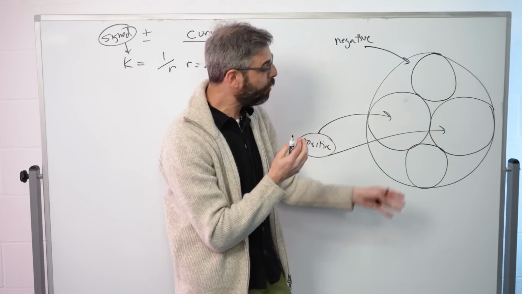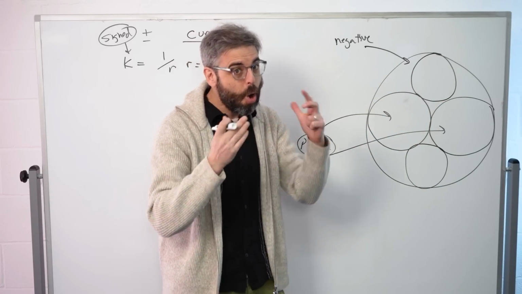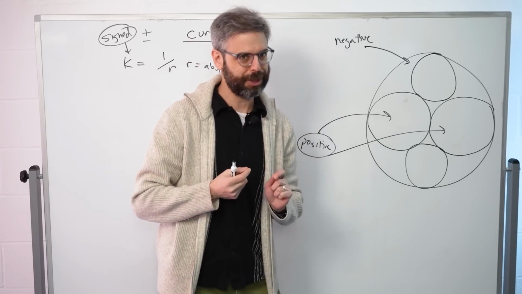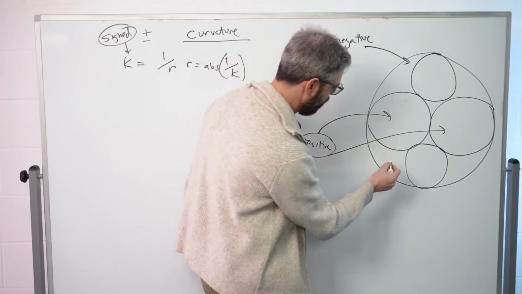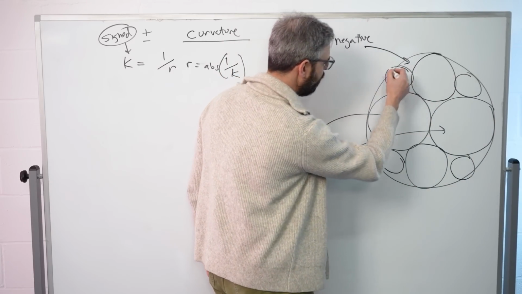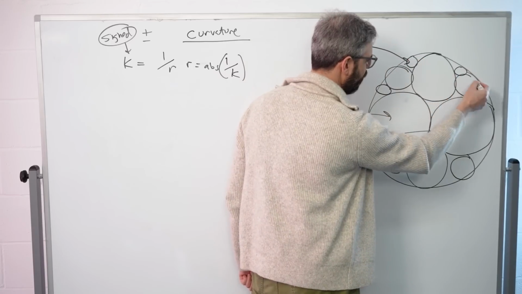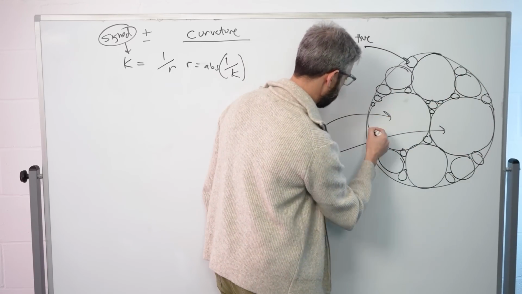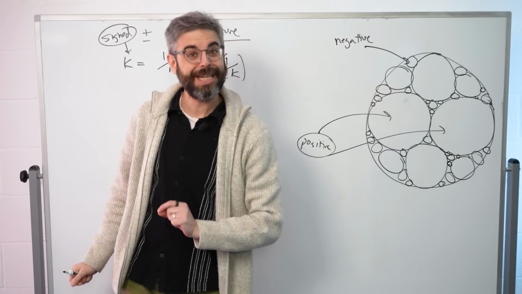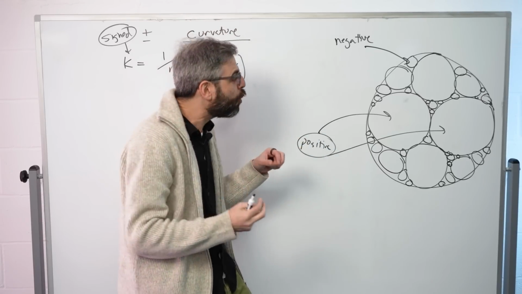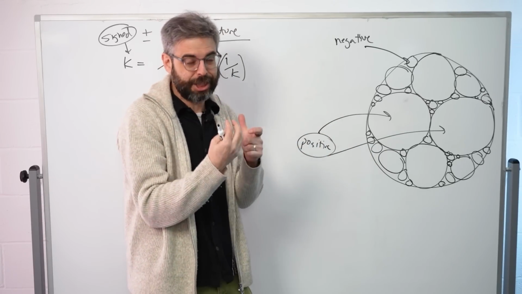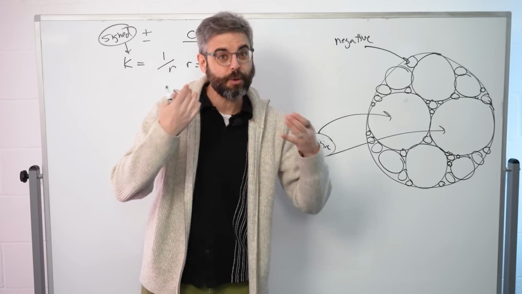Now, if I found those 2, what if I took all the triplets that are available to me here and found the 4th mutually tangent circle that goes with those? Maybe I'd find one here, and here, and here, and here, and then I might find one here, and here, and here, and here. So I've done a rather poor job at drawing the Apollonian gasket, but you see how you are recursively finding the next circle and the next circle that is mutually tangent to triplets, the triplets that you're creating through this recursive process.